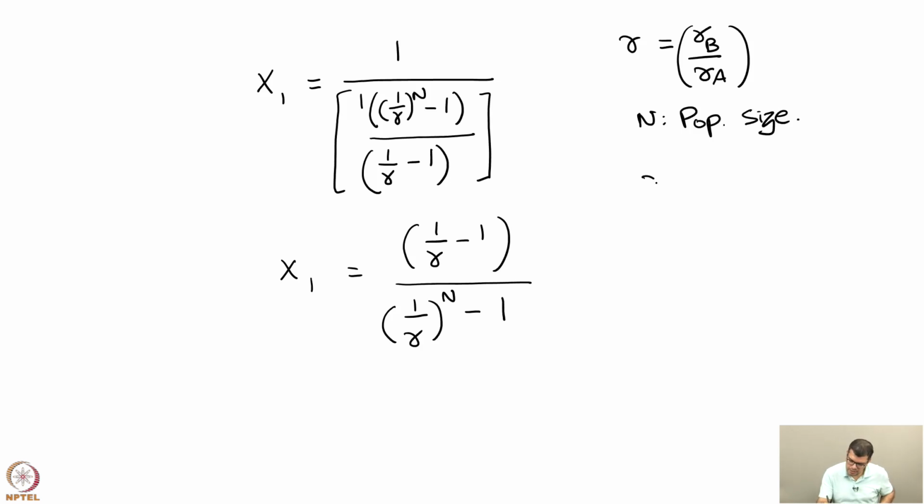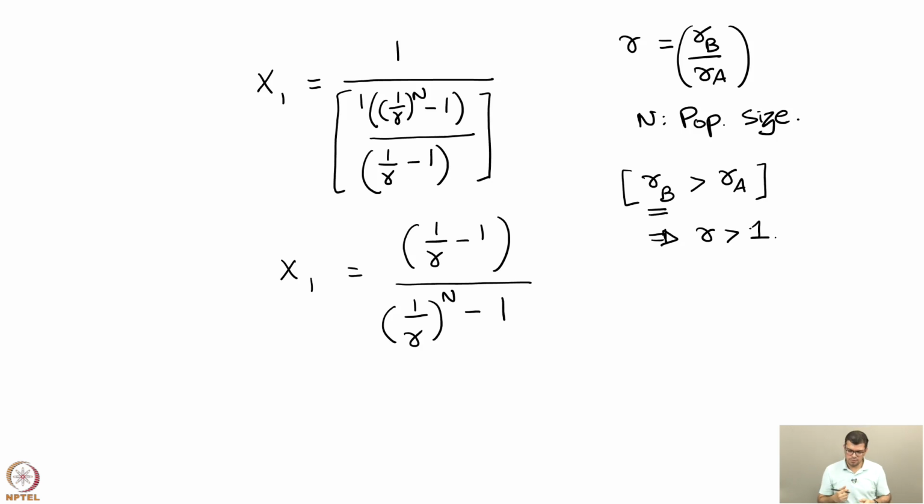Since Rb is greater than Ra, what that means is that r is greater than 1, because the numerator is Rb, which is a bigger number than Ra.